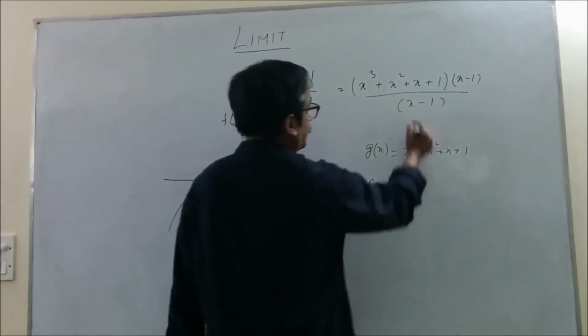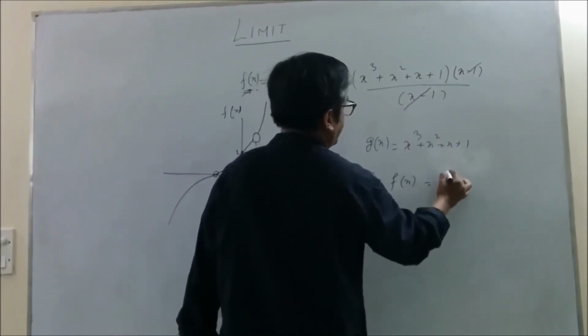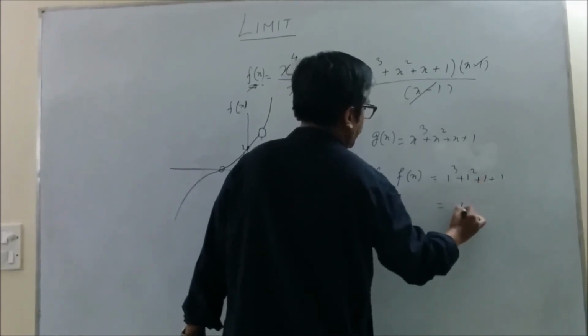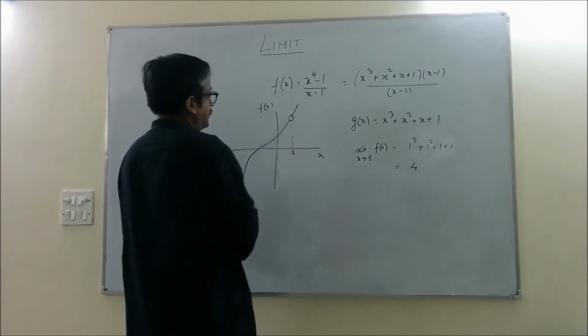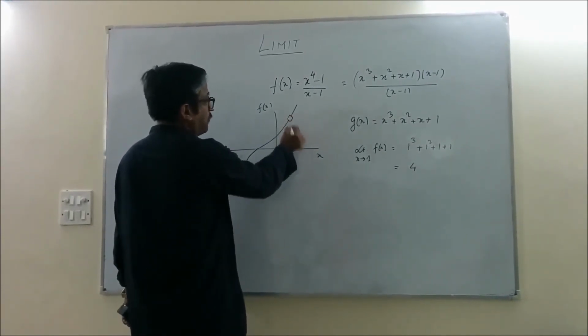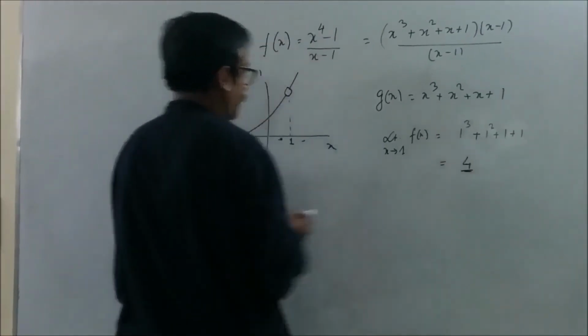As I said before, I can cancel these two and I will get 1 cube plus 1 square plus 1 plus 1, which is 4. So we have understood that at x equals 1, this function will have a blob, and so we take the limit and we found the limit to be 4.